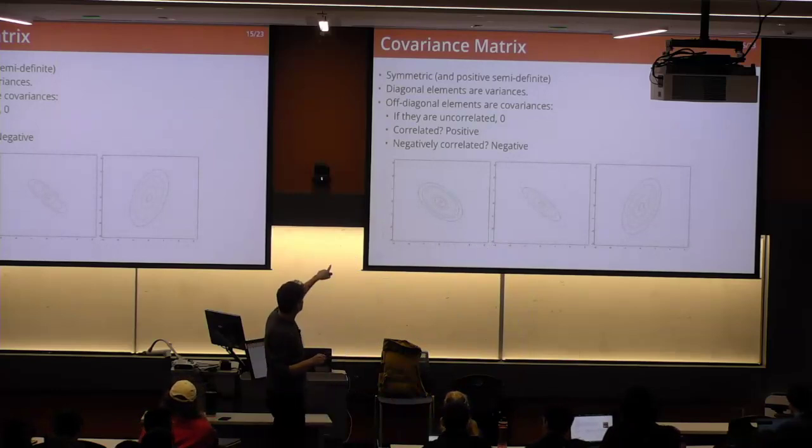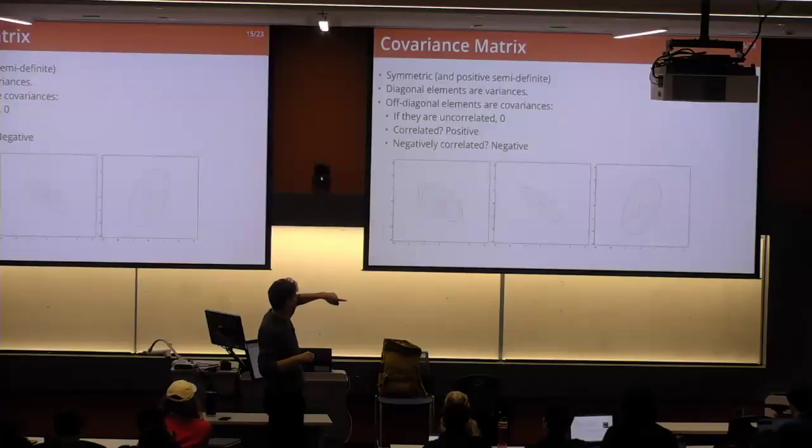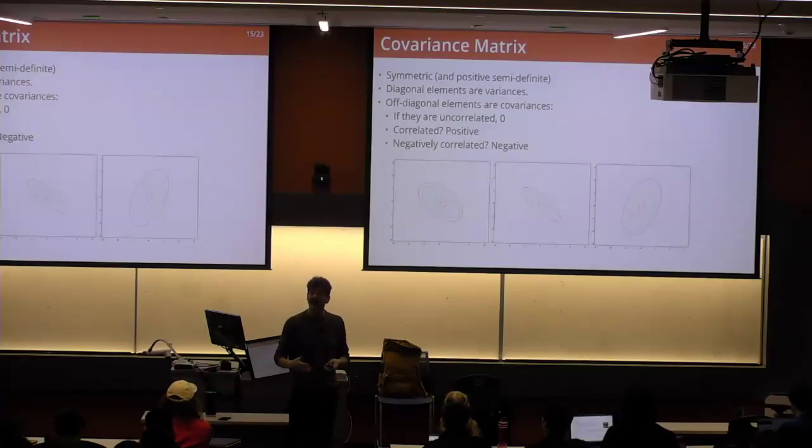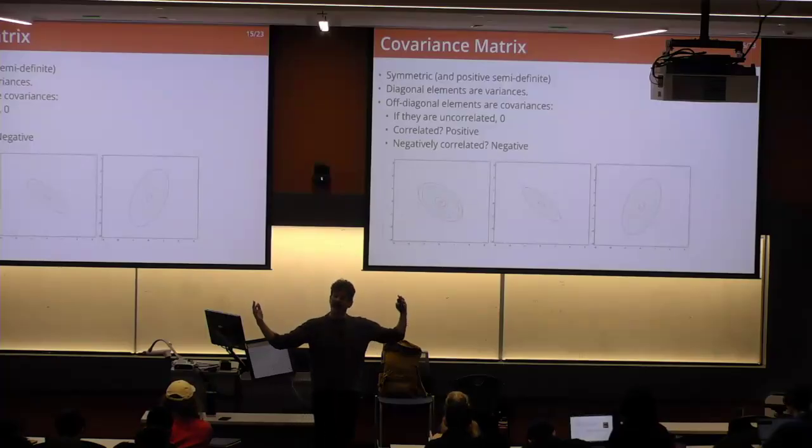If they're positively correlated, the off-diagonal elements will be positive; if negatively correlated, they will be negative. I'm showing you two dimensions because that's all I can fit on my screen, but these could be hundreds of dimensions deep. If I had a dozen different properties of fish, some would be positively correlated and some negatively correlated with each other.